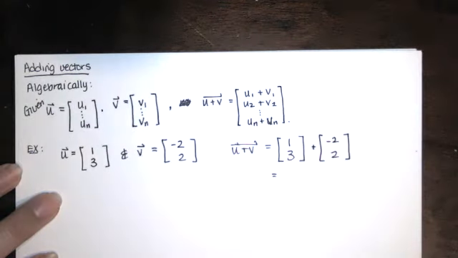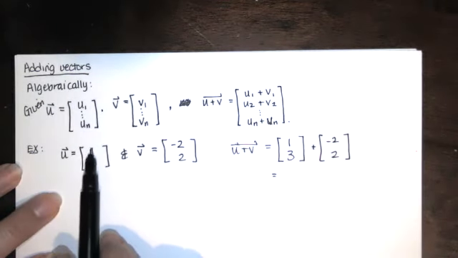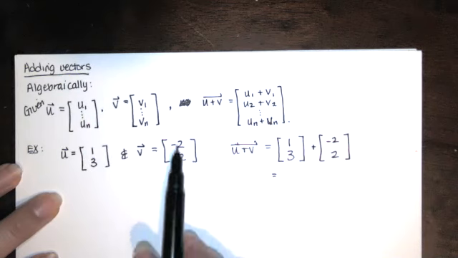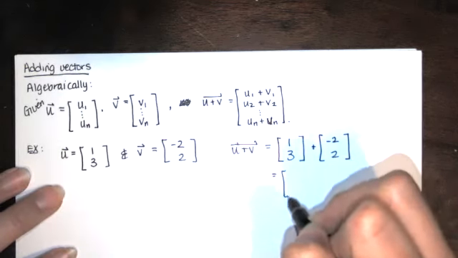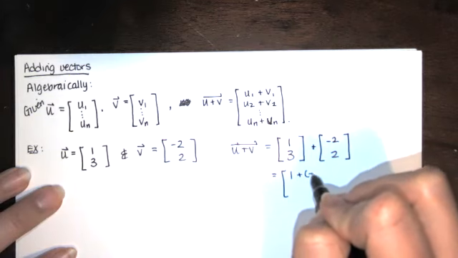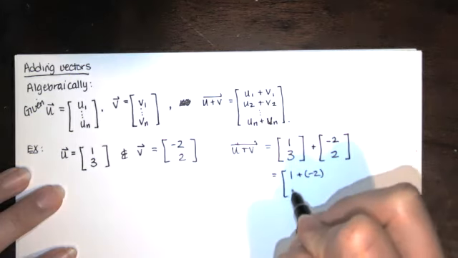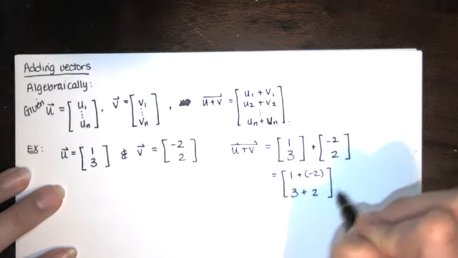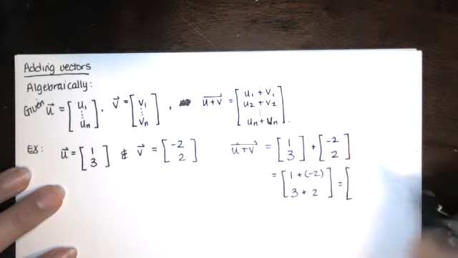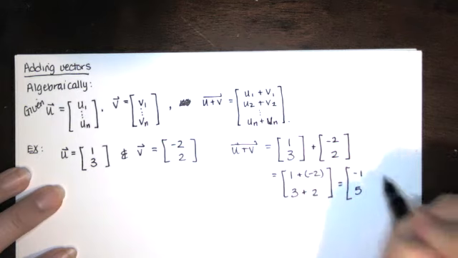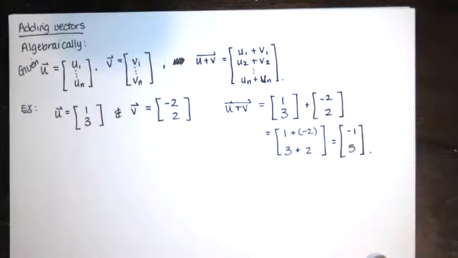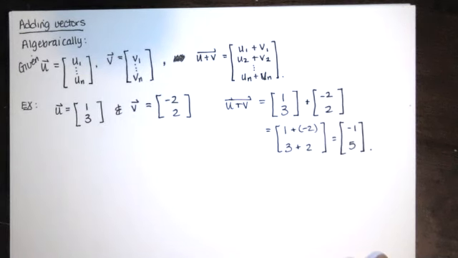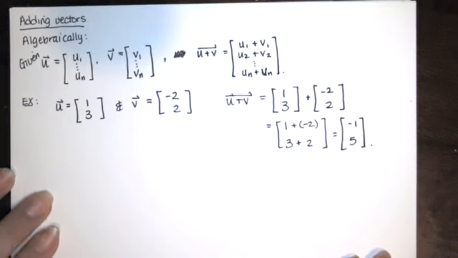V sub 1 through v sub n are called the components of v. So the components of u are 1 and 3 respectively. The components of v are -2 and 2 respectively. So we just add the first components together. We add the second components together. And we get 1 plus -2, which is -1, and 5. That's the vector u plus v. Now we can also add geometrically, and it turns out that those are going to be equivalent to each other.